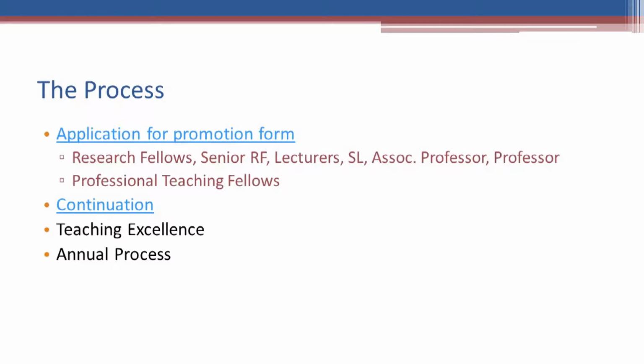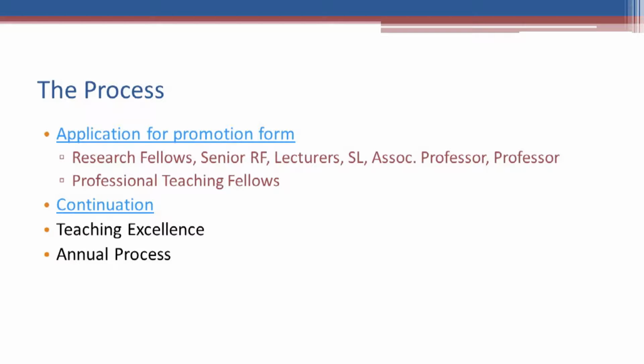The process used here at the university for promotions, continuation and teaching excellence is that you need an application form. I've put there the application form for promotion, and that's divided. There are two separate applications, one for professional teaching fellows and one for research fellows, right the way through to professor.